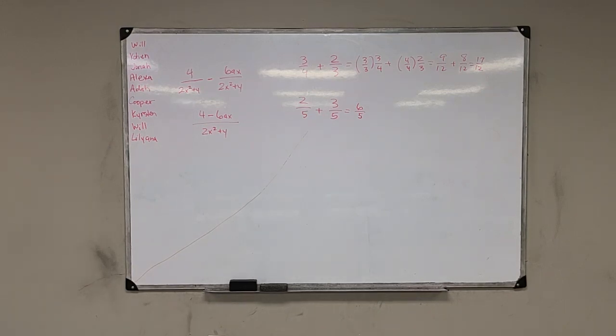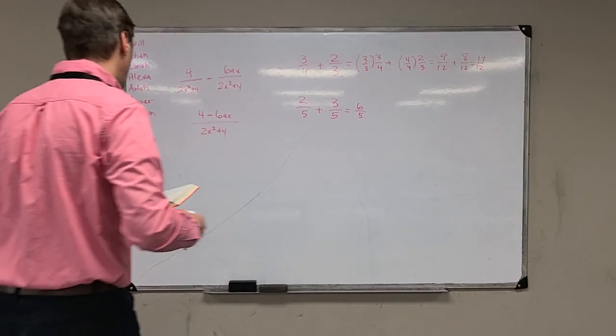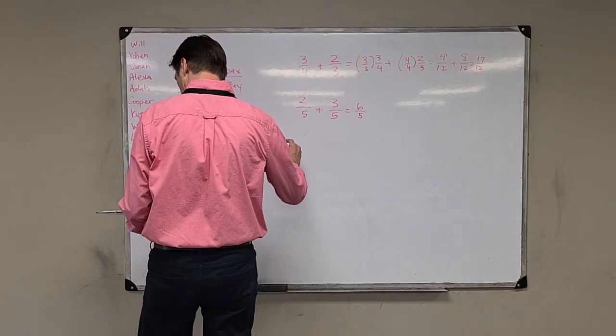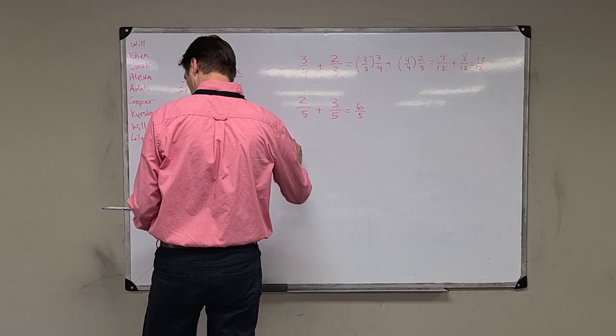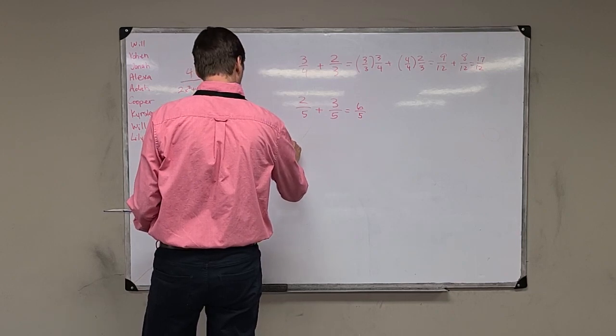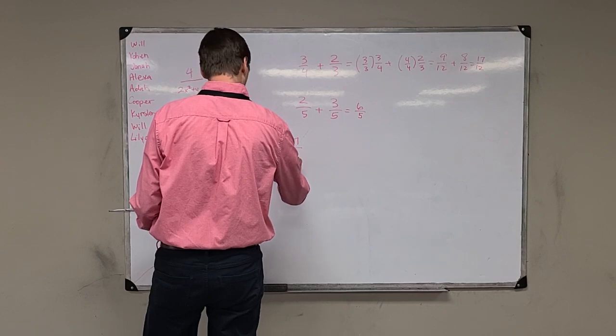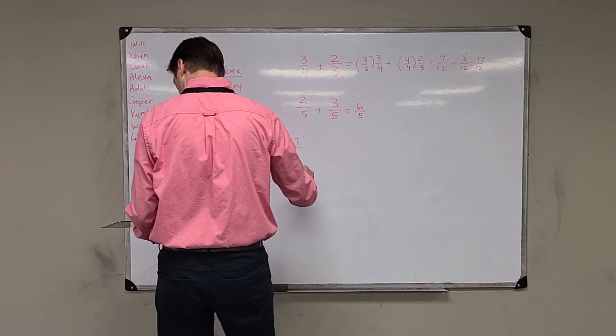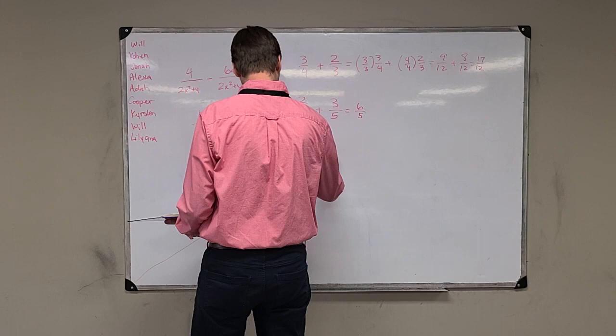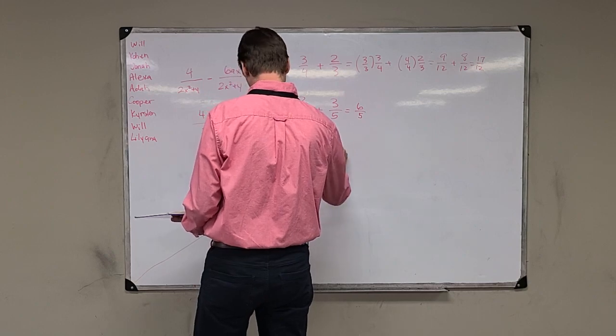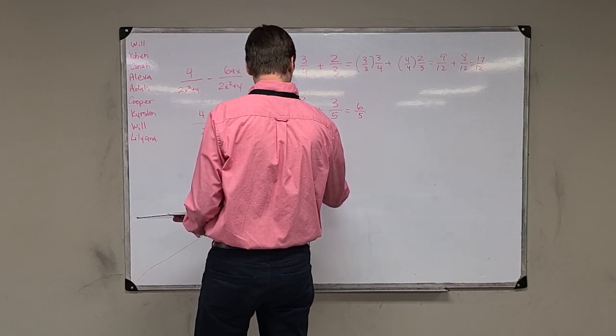So what if we had 5x plus 7 divided by 5a squared x, minus 3x minus 2 over 5a squared x?